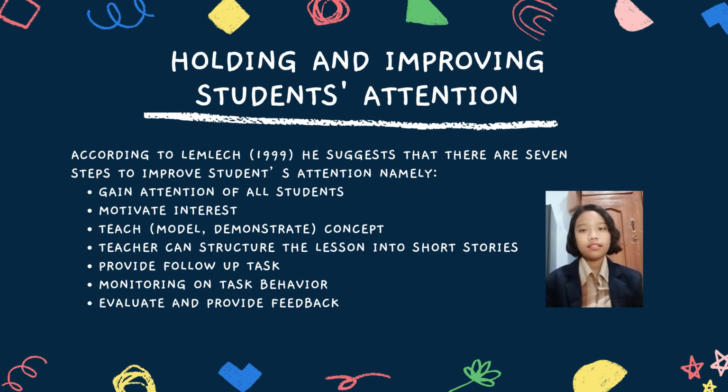So holding and improving students' attention is the sole responsibility of the teacher, and it is a demanding job, particularly in young learners' classes since the attention spans are short and so is the ability to concentrate.